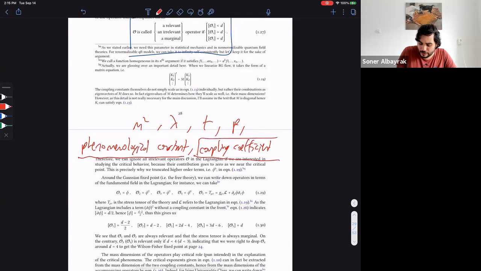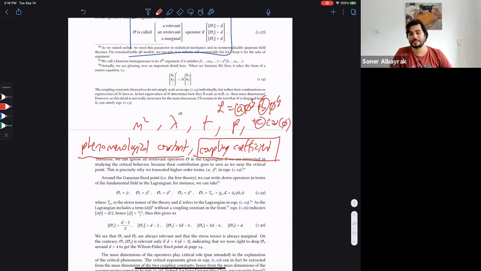Like a coupling constant in the Lagrangian, for instance. If I have something like a phi cubed, b times phi to the 4, c times cosine phi, whatever, these a, b, c are coupling constants. They depend on how we regularize our theory, and they change with it. And the flow of their change determines the fixed points, scale invariant points, and so on.